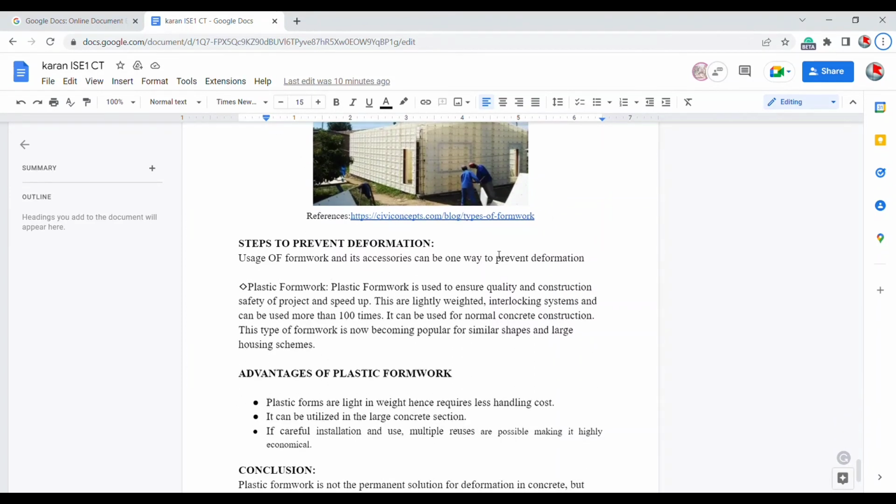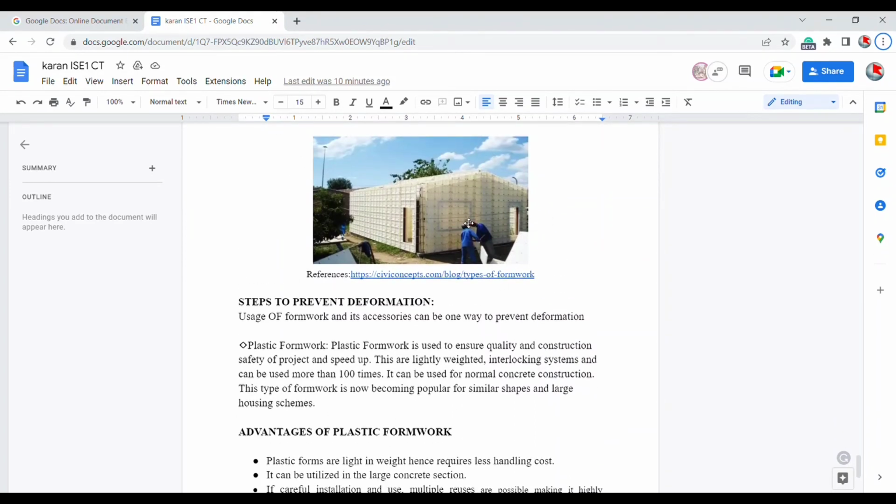We are going to use plastic formwork because there are some reasons for using it. The step to prevent deformation is the use of formwork. Plastic formwork is used to ensure the quality and construction safety of the project and speed it up. These are lightweight interlocking systems and can be used more than 100 times. It can be used for normal concrete construction.